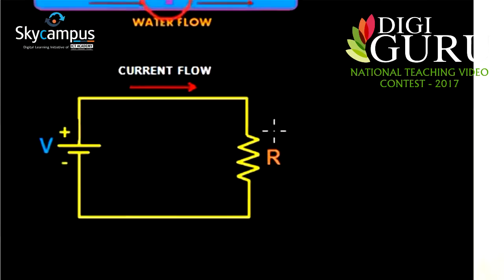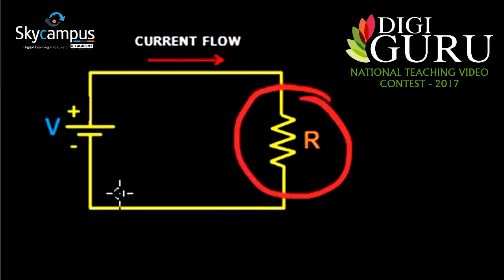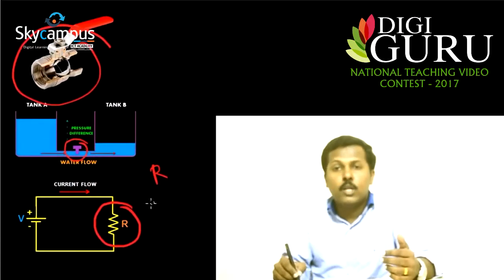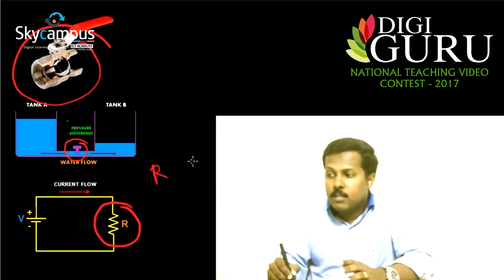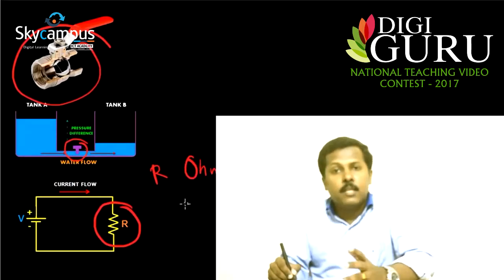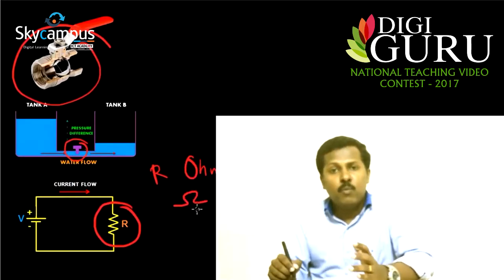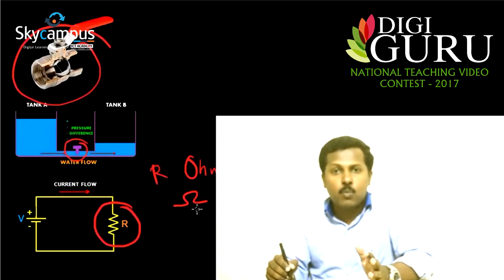In that case, we are using a device called resistor. I have shown the symbol of resistor here. The letter R is used to denote the resistor and its unit is ohm and it is denoted using the letter omega. So when we connect a resistor in a circuit, it will oppose the flow of electrons. That is why we gave the name resistor, because it is resisting the flow of current.